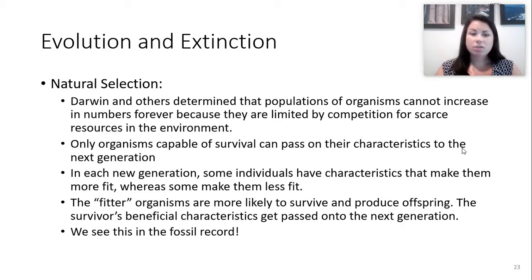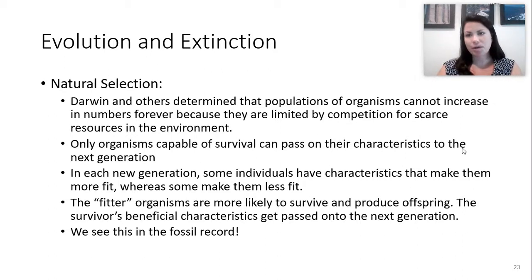In each new generation, they have some characteristics that make them more fit for their environment, and those fitter organisms survive and produce offspring, and pass that level of fitness onto their offspring. Those characteristics benefit the next generation. So that's natural selection in a nutshell.